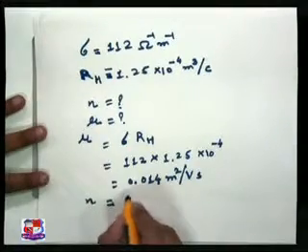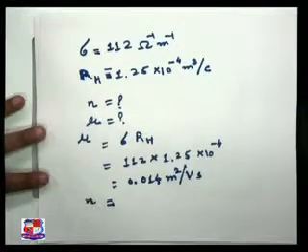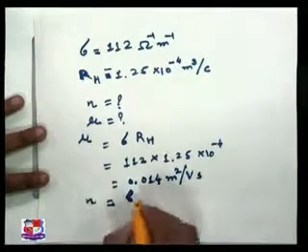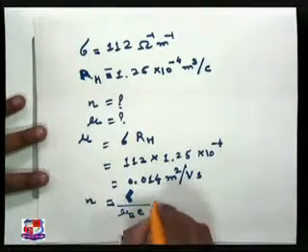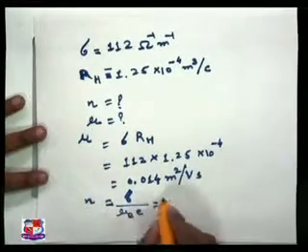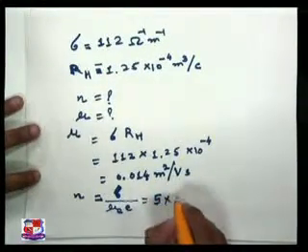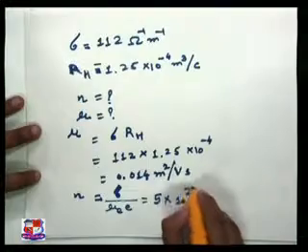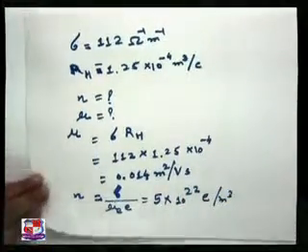It can be found either from R H, that is R H is equal to 1 over N E, or from a different equation, sigma upon mu E. One can easily find out N as 5 into 10 raised to 22 electrons per meter cube.